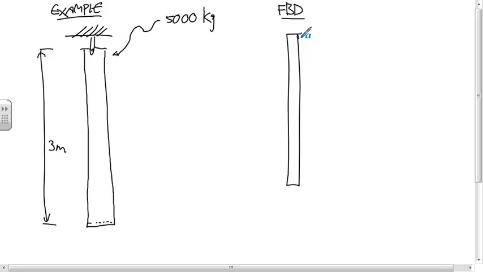This is a pin joint, so actually let's skip all that. We know that everything's acting just straight up and down, so let's just think of this as a force with a known direction. We have that, and then we have a weight force of 5,000 times 9.81, so 49,050 newtons.